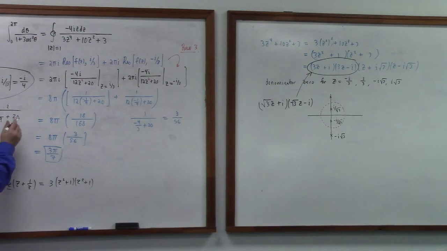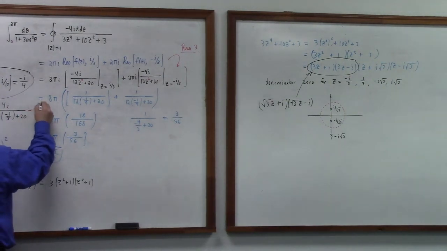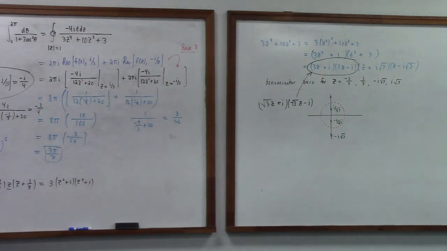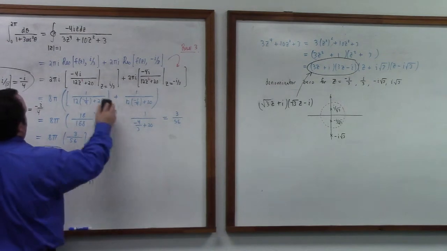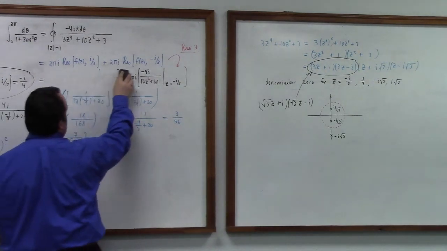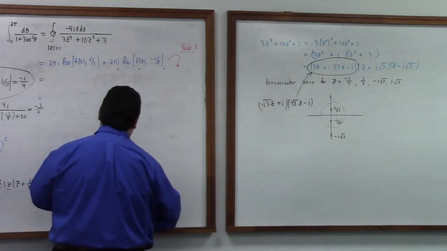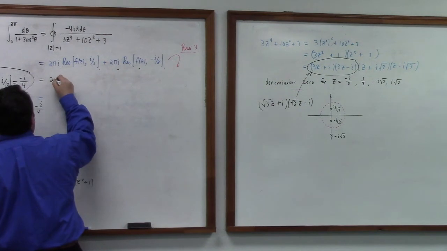And see, when we do that, I think it's 3. Yeah, so I'll keep the 4 just for a second here. 12 times minus 1/3, plus 20. So you get 16. So we get minus 4i over 16, which is minus i over 4. So then when you come back all the way up to here, we get 2 pi i.